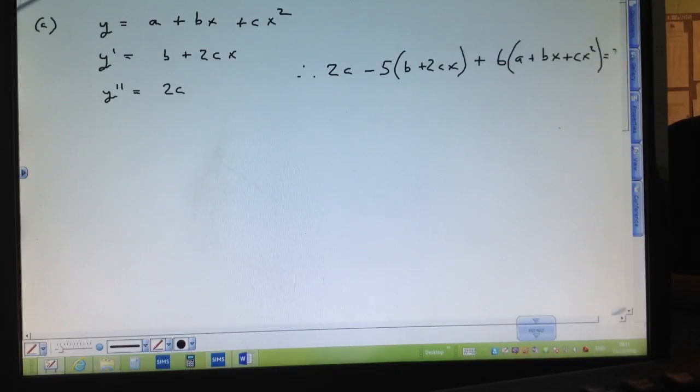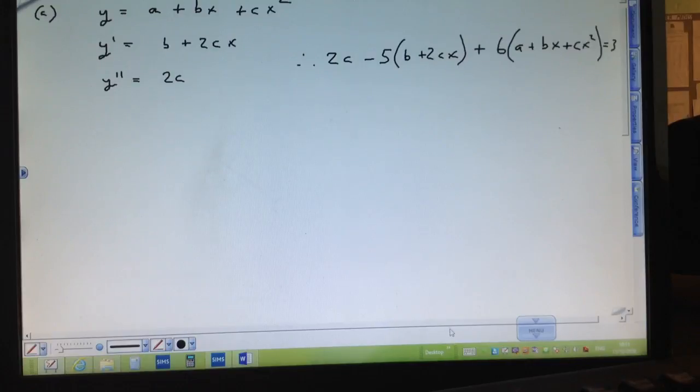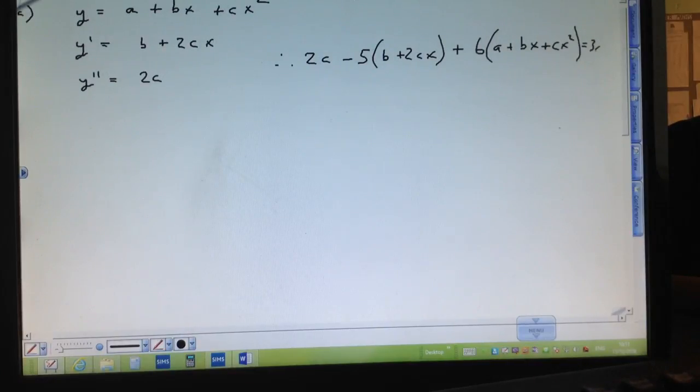So I'm going to expand this out to get my constants. Now my constant is going to be 2c minus 5b plus 6a. So can you see I've got a bit here, I've got a bit here, and a bit there. That's going to be constant.